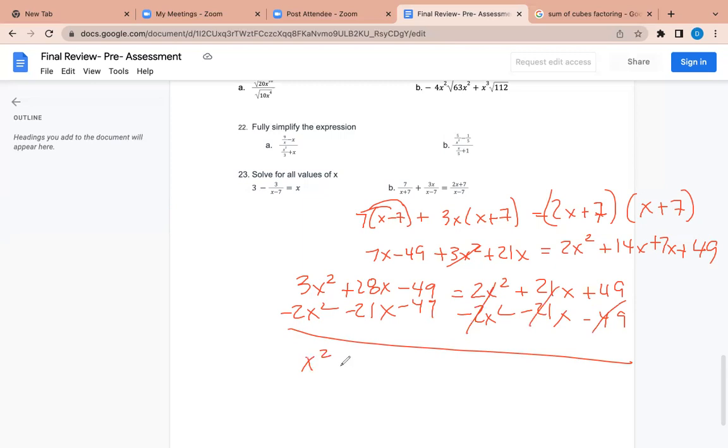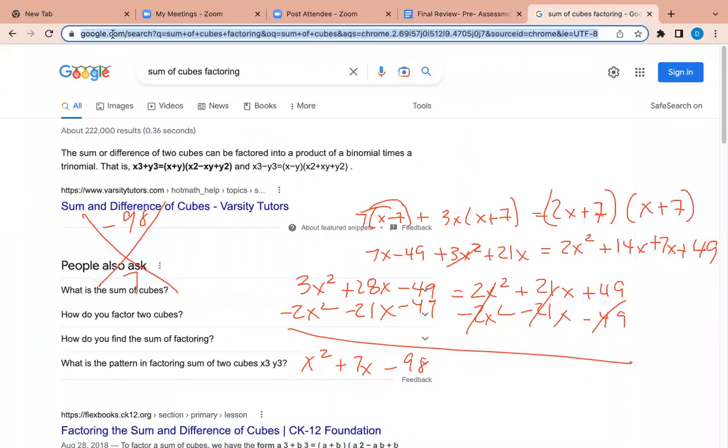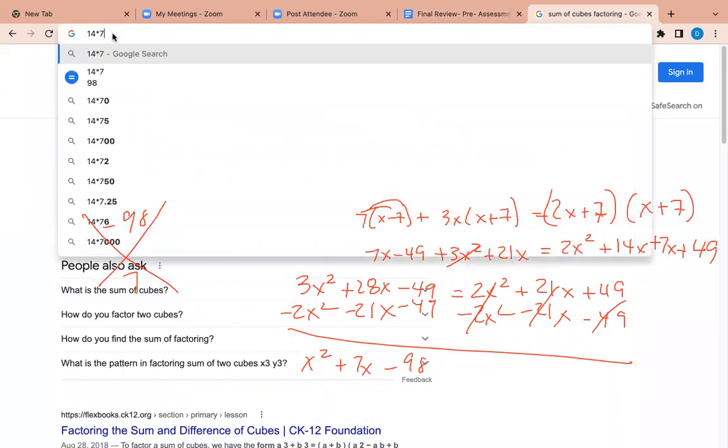X squared plus 7x minus, this is 49, 98. Right, so two numbers that multiply into 98 and add up to 7. Oh, it would be 14 times 7. Let me try that. Yep.